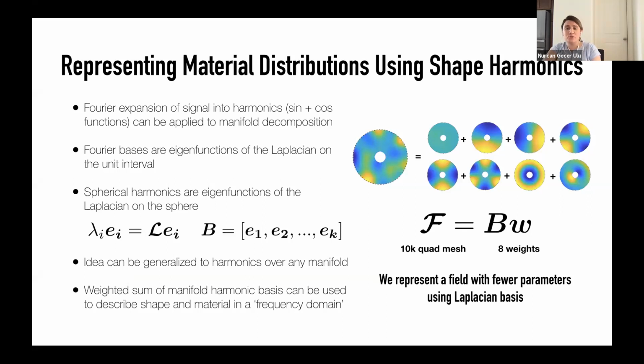And in this work, we choose Laplacian bases for that, because they are pretty well known, and in the graphics community they have been used, and their properties are very well known. They're complete, meaning that they can represent any field if all of the basis functions are used. And you can think of Laplacian basis functions as analogous to Fourier expansion in the discretized mesh domain, in the harmonic domain.